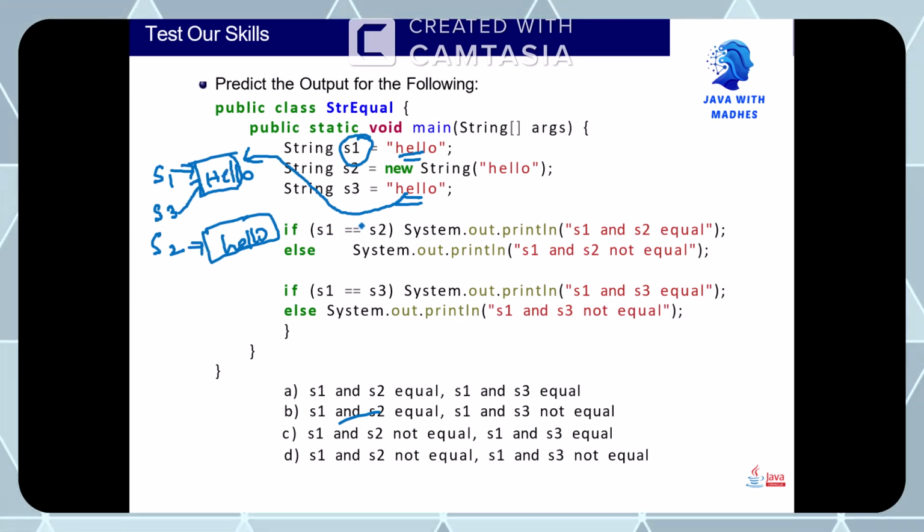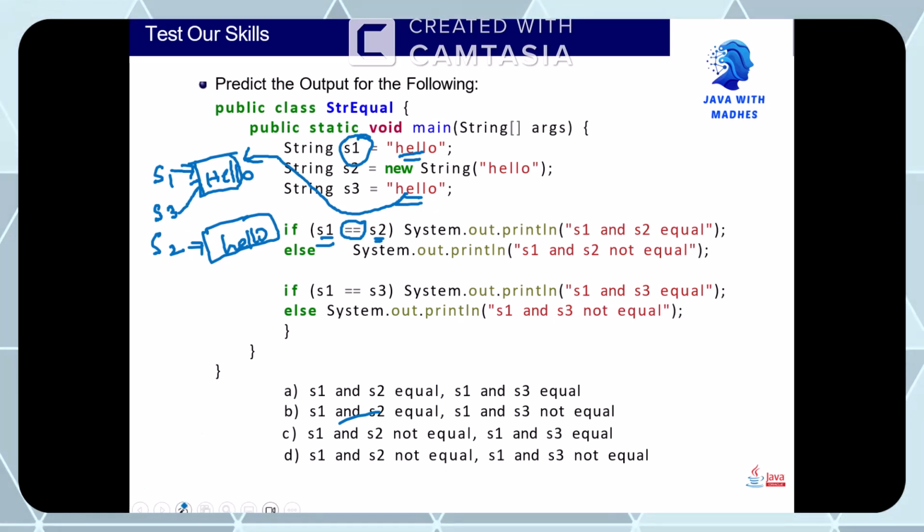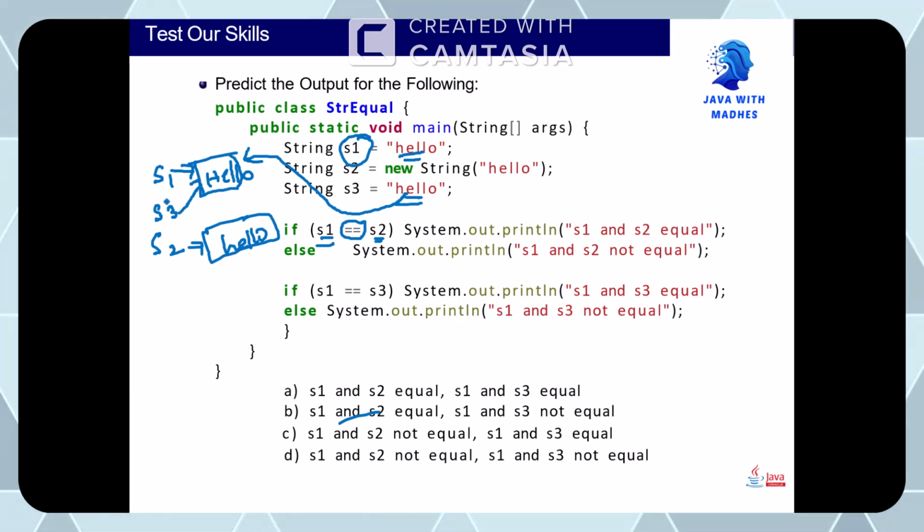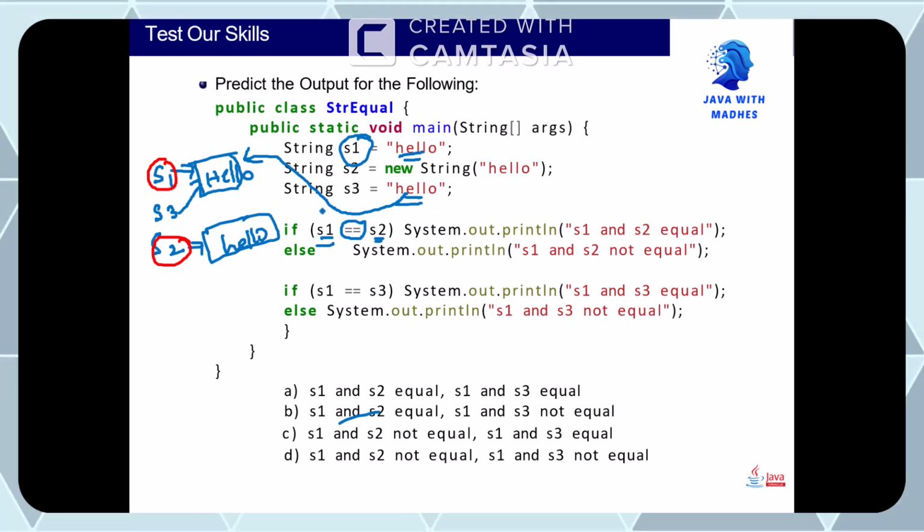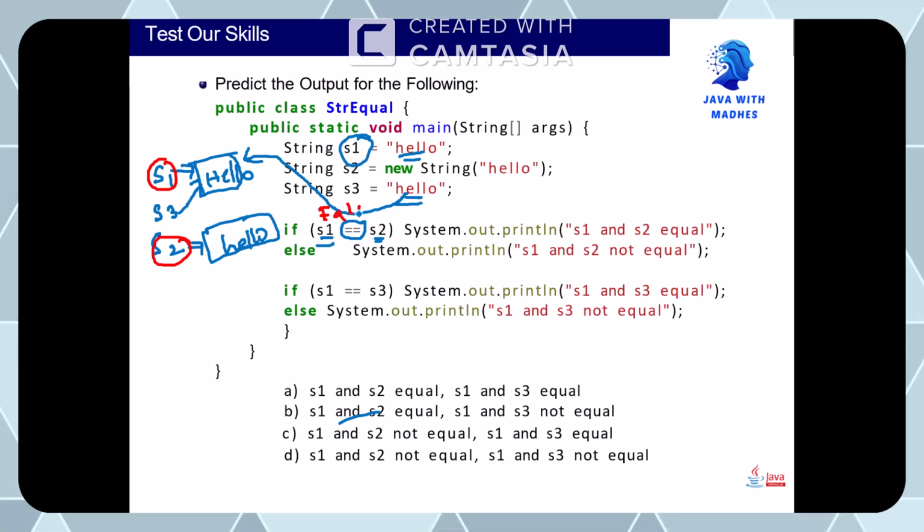Now we are applying the equal to operator between s1 and s2, the content of s1 and s2. They are stored in different memory locations, right? So here you will get the answer false, so it won't get executed.